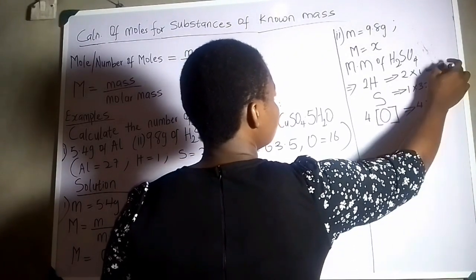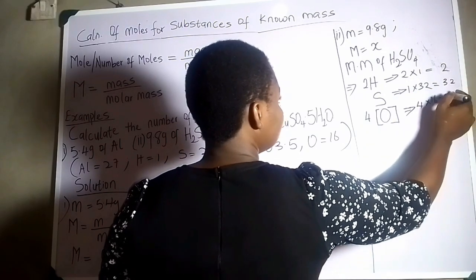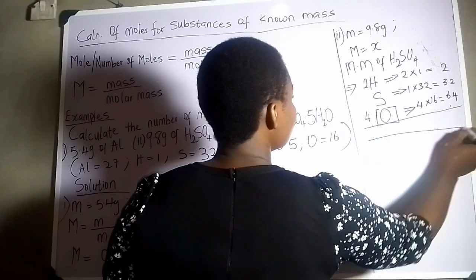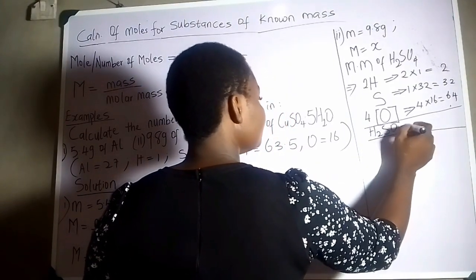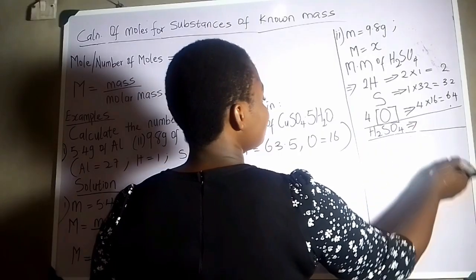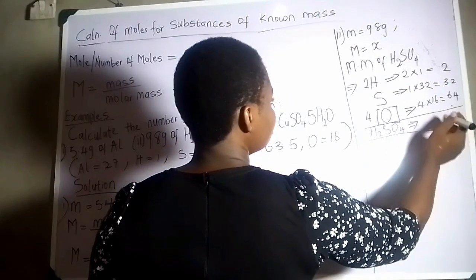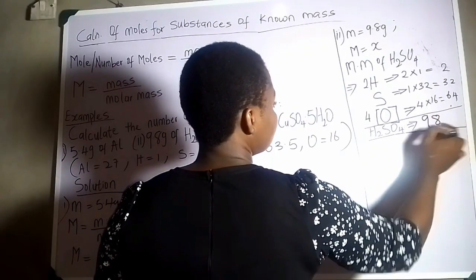2 times 1 is 2. 1 times 32 is 32. 4 times 16 is 64. Okay. Now, by the time we add it up together, we will get a sum of 98.